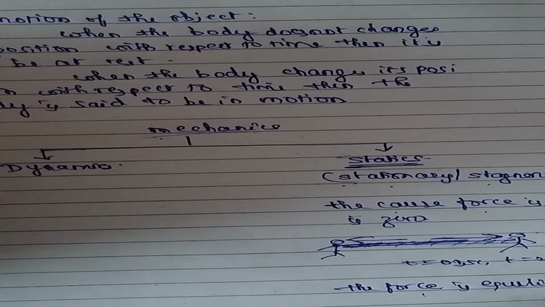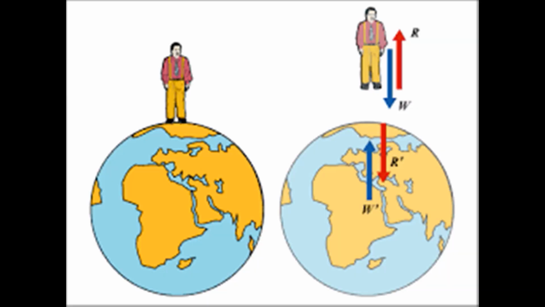Because when we are on the earth, we have the gravitational force, which is always acting on the body. When you are standing on the earth, towards the earth you get the gravitational force, but in the opposite direction you have the normal force.